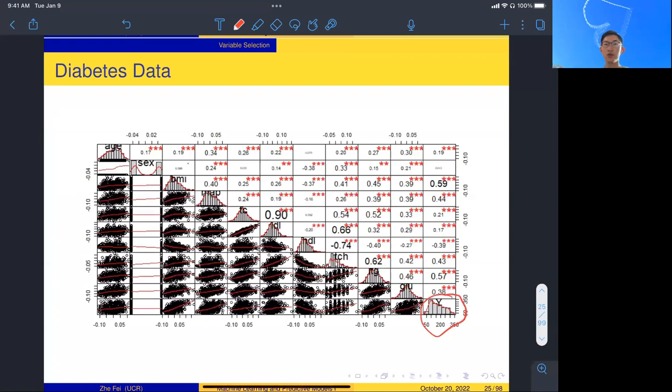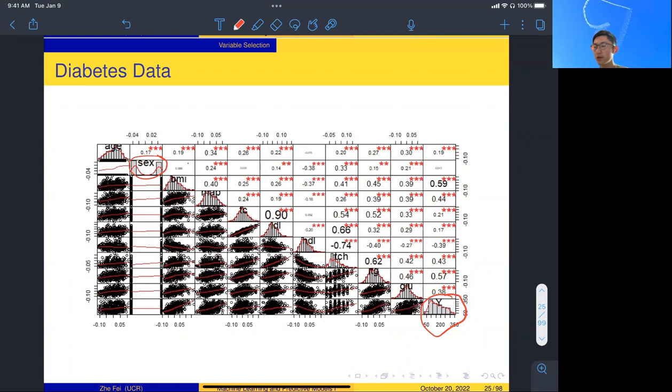It is a continuous measure, and so we see, for example, for sex, right? It is binary 0 or 1, and all the other measures, they are continuous, right? And it gives the histogram of all the predictors or all the variables. And then on the upper triangle, right?